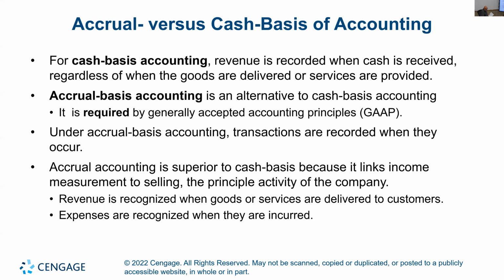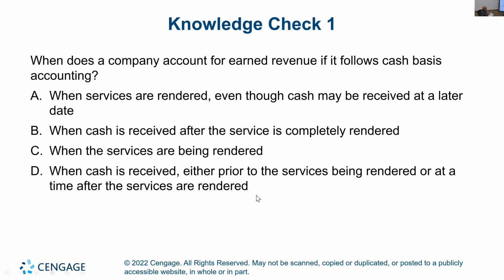Remember, revenue is the value that we receive for selling our goods or services. So it's basically what we charge. As soon as we do those services or transfer those goods, then we can recognize the charge as revenue. And then expenses we have to record when they're incurred, not when the cash changes hands.